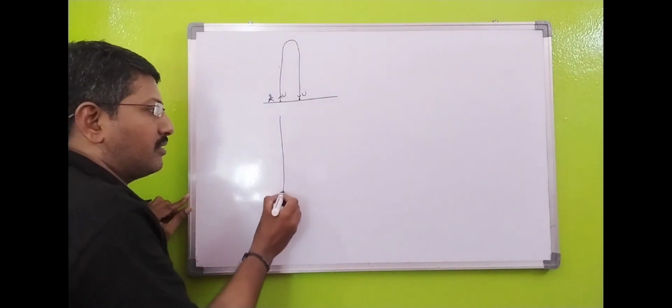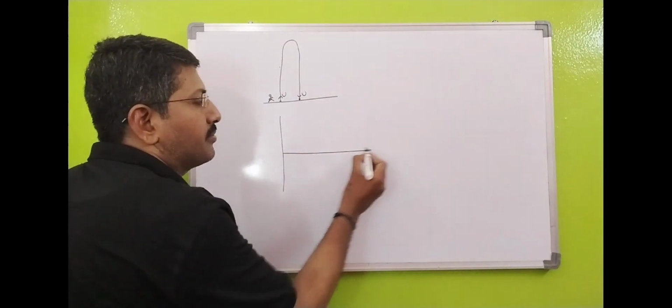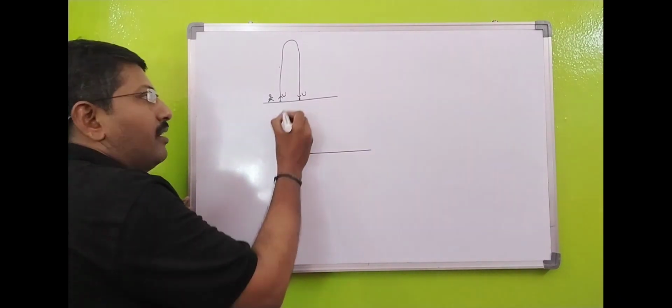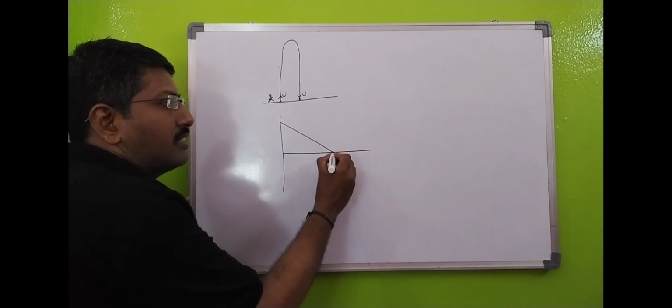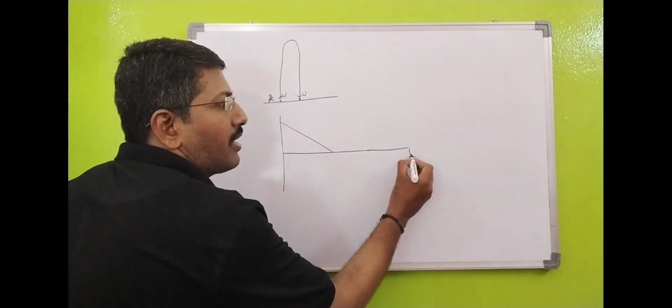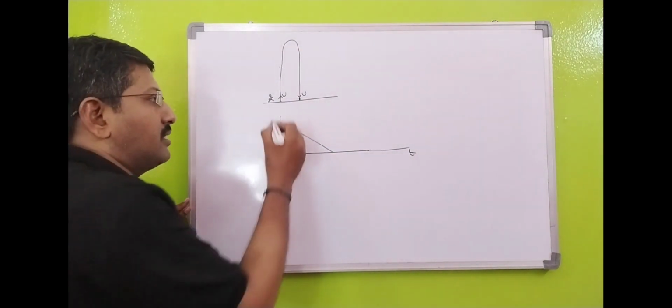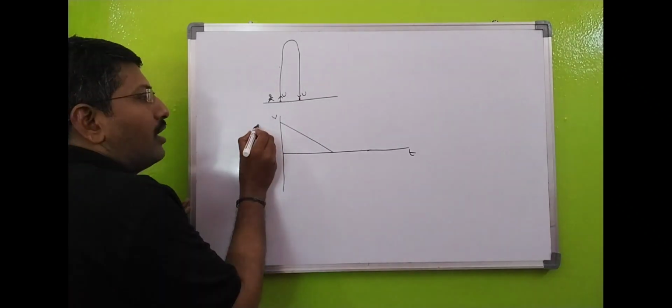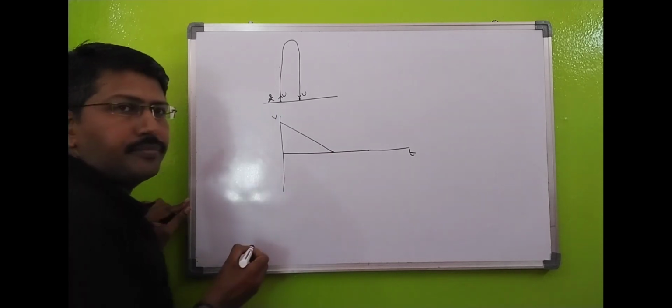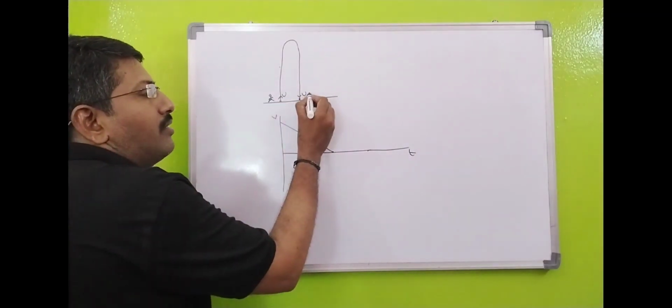Here, initially it has velocity. That velocity gradually decreases. Time on the x-axis, velocity on the y-axis. For example, I will take this velocity value as 10 meter per second.